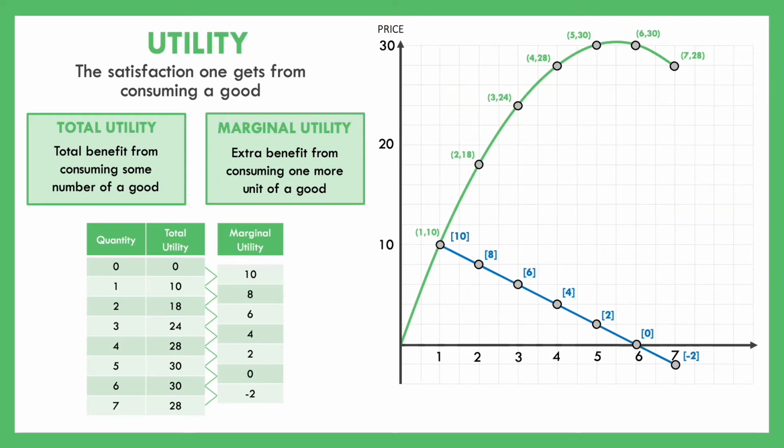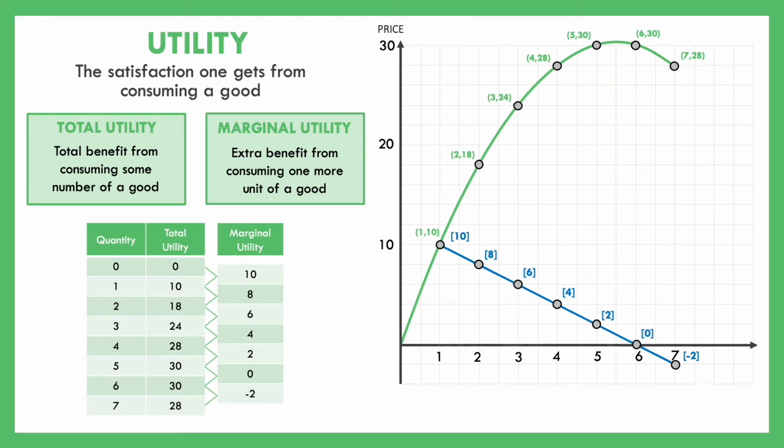And that should make sense to us because we've talked before, with supply and demand, that the demand curve is downward sloping because of this idea of diminishing marginal utility. For each additional unit of a good that we consume, we're going to receive less and less benefit, or less and less utility.